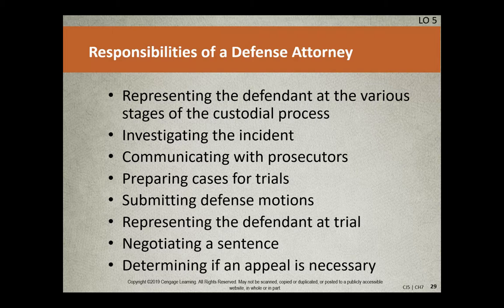So the most important responsibility, though, that I want you guys to know is that they need to be an advocate for their client. The attorney is obligated to use all ethical and legal means to achieve the client's desired goal. And that's usually, of course, to avoid or lessen punishment for the charged crime. So the public defender is one who works for the government.